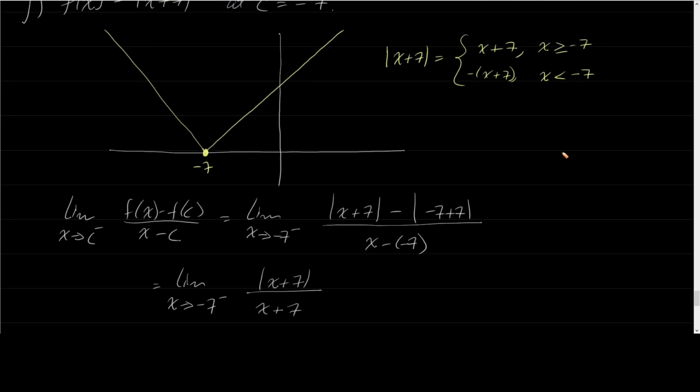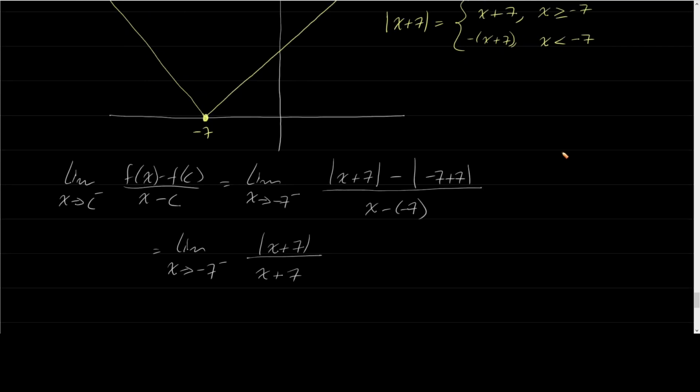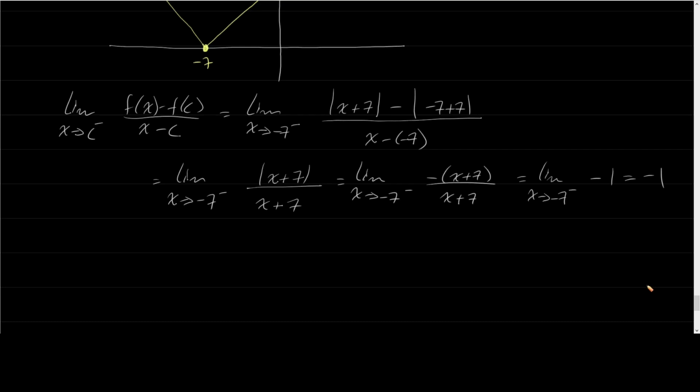Since we're on the left of -7, we have the limit as x goes to -7 from the left of negative of x plus 7 over x plus 7. This becomes the limit as x approaches -7 from the left of -1, which is just -1. And that was from the left.